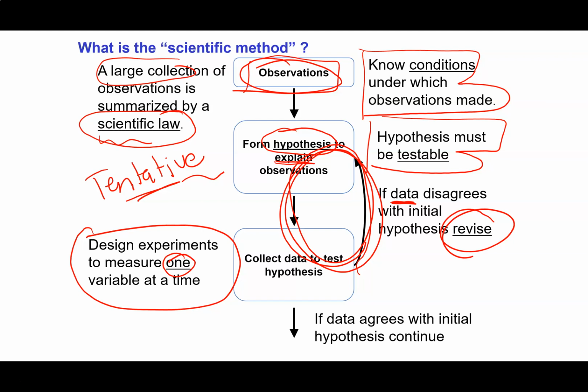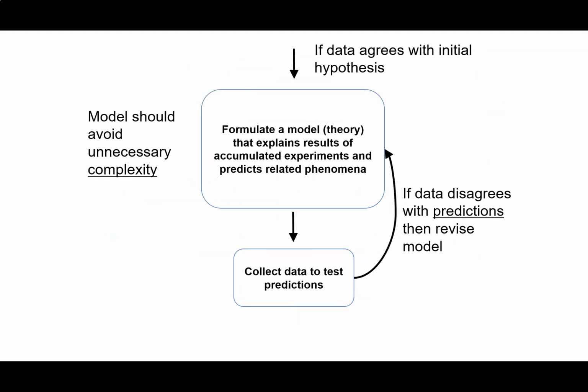So if you keep collecting data that supports your hypothesis, there gets to a point where your hypothesis, by general consensus of the scientific community, gets promoted in status and becomes a model or theory. And this is kind of an arbitrary point, right?